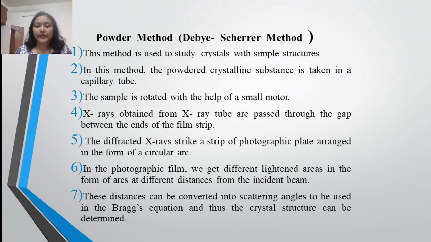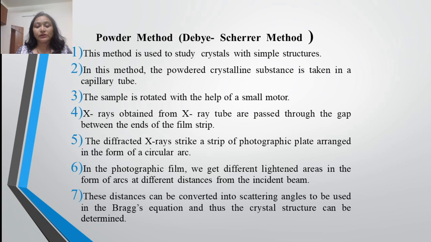Therefore, in this method, that is the powder method, a large number of small crystals oriented in all possible directions are used in powdered crystalline form. So the substance under study is in the form of powder and is filled in a thin glass tube. The sample is rotated with the help of a small motor.